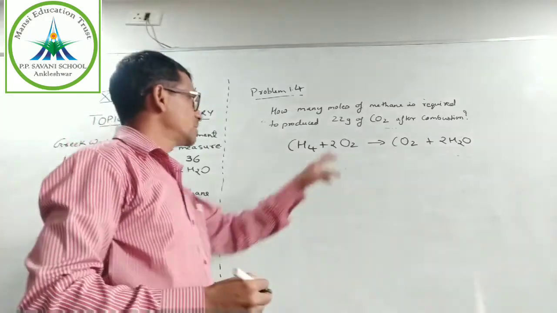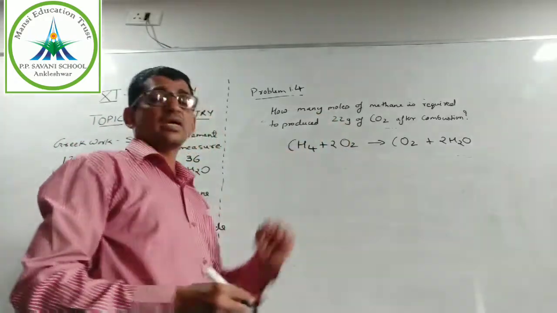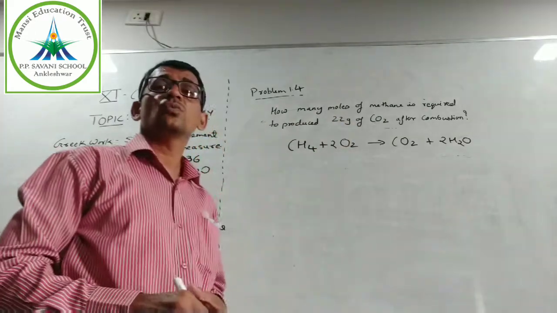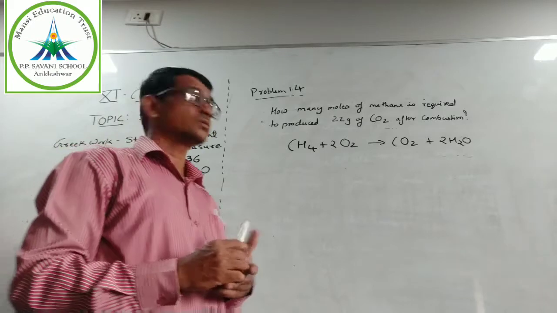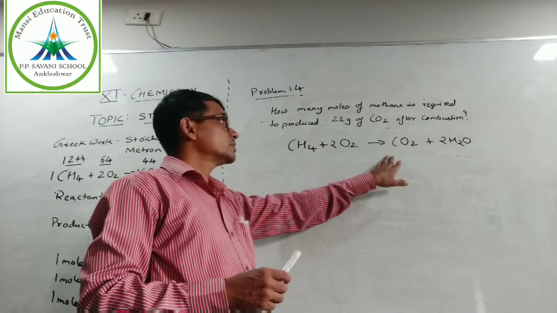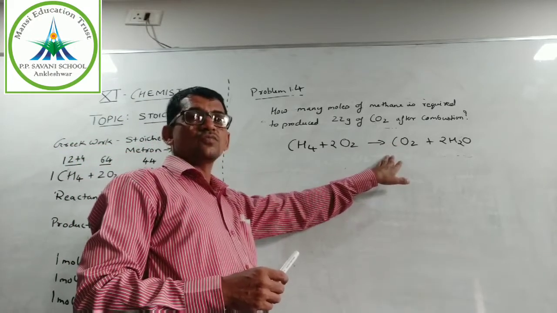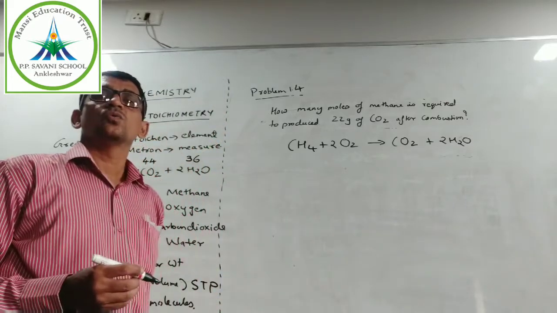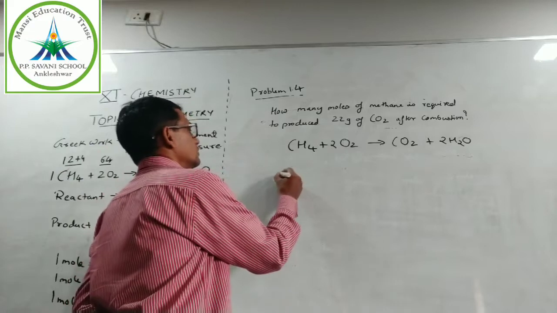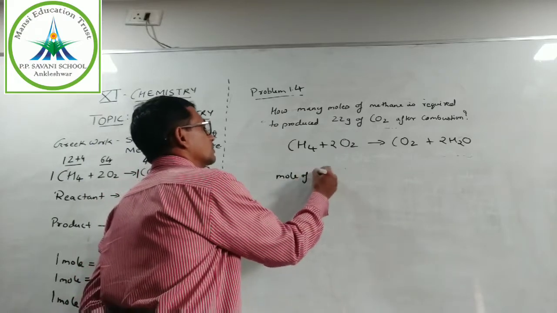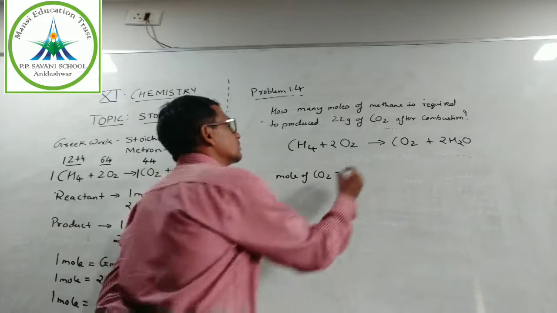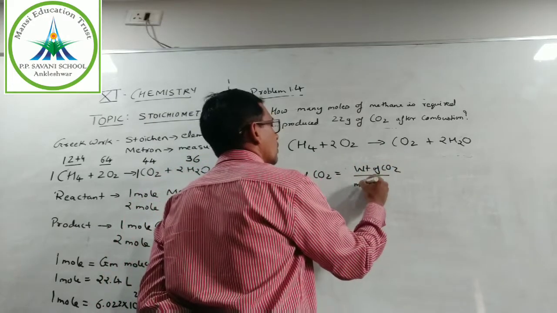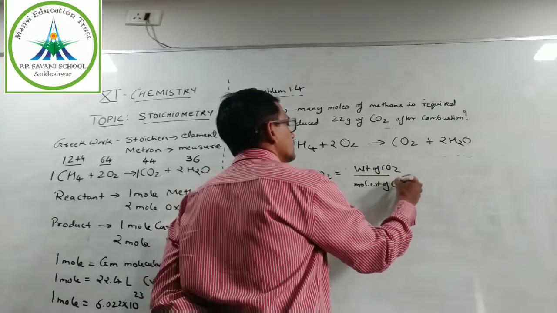Here the reverse thing is given. Gram of CO2 is given, means what? We want to produce this much gram of CO2, 22 gram of CO2. First we convert whatever gram into moles. Mole of CO2 is equal to weight of CO2 upon molecular weight of CO2.